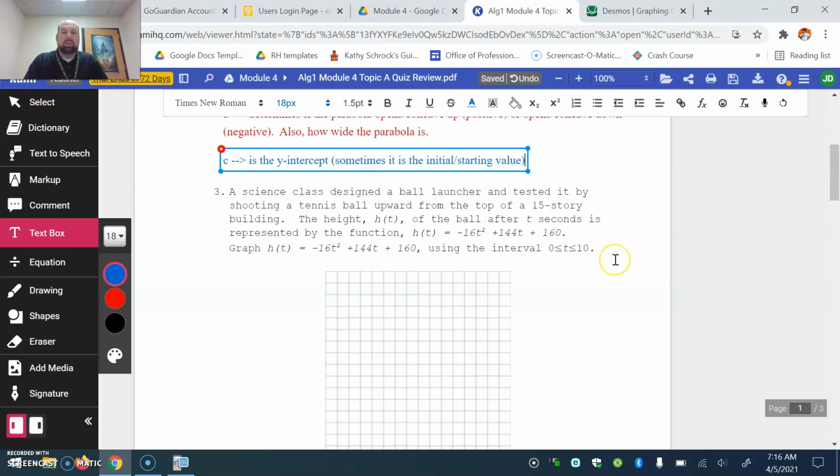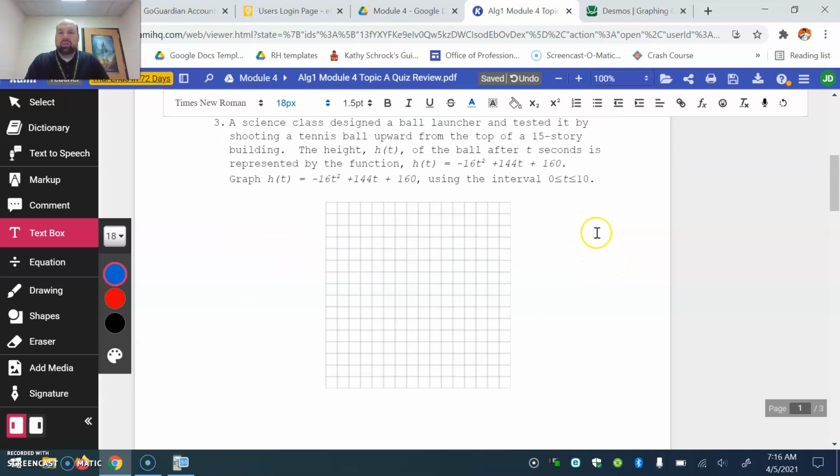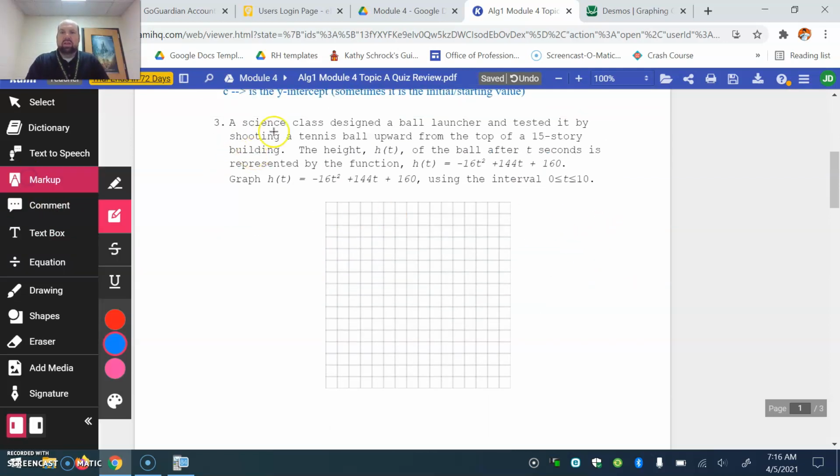Okay, question 3. A science class designed a ball launcher and tested it by shooting a tennis ball upward from the top of a 15-story building.